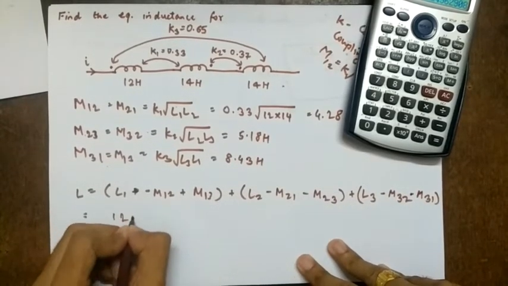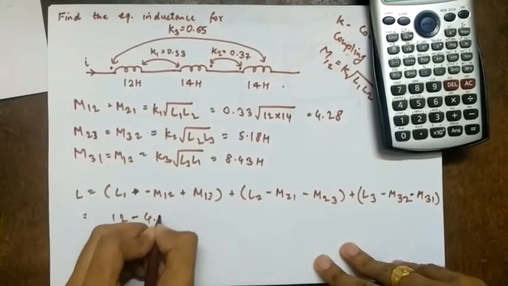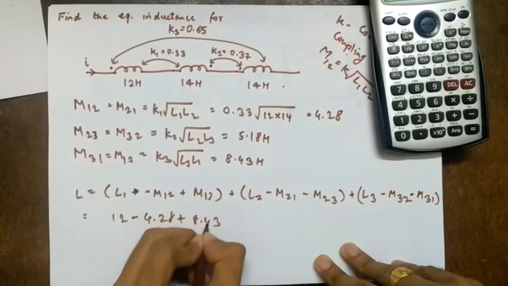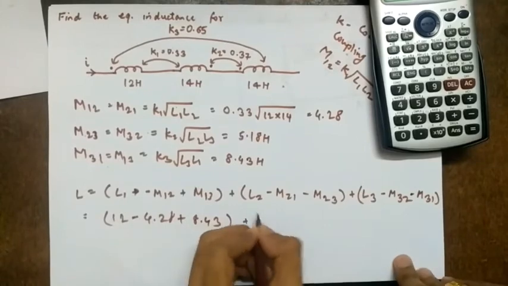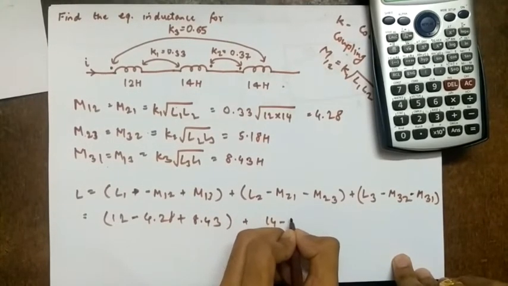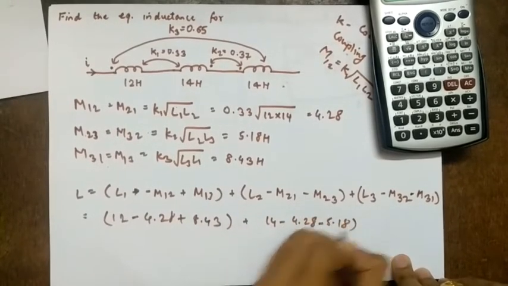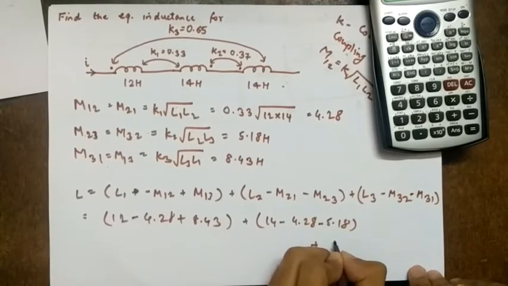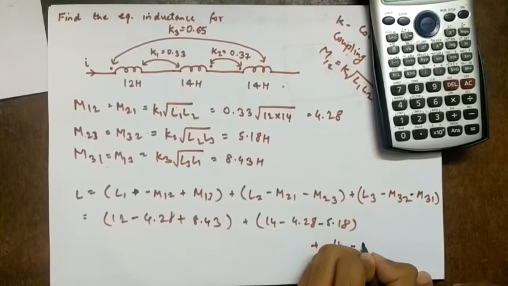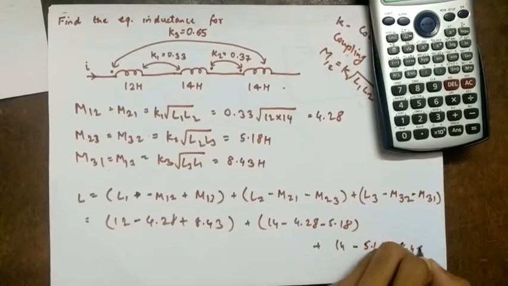So it equals 12 minus M12 which is 4.28, plus M13, 8.43, plus L2 is 14 minus 4.28 minus 5.18, plus L3 is 14 minus M32, 5.18, minus M31, 8.43.